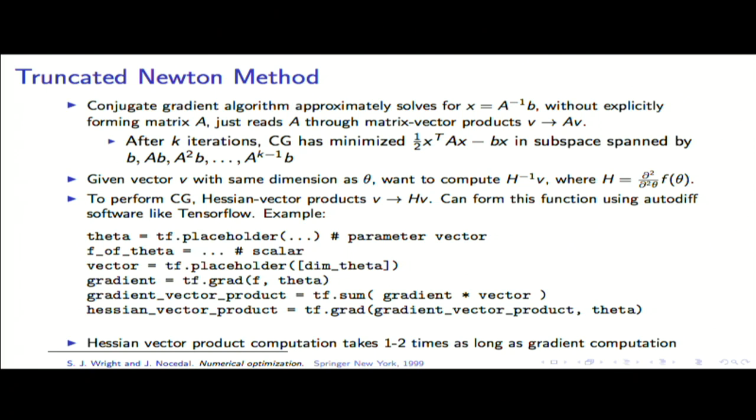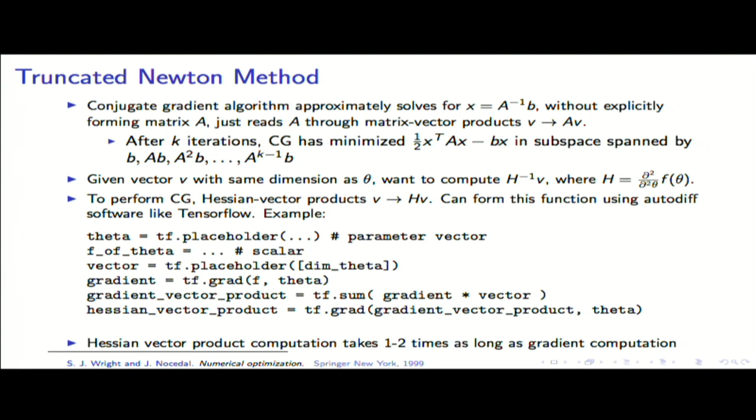We're going to come up with a series of these vectors. The conjugate gradient algorithm is going to generate a series of vectors and then ask for the Hessian vector product, or the matrix vector product. And then when you do this multiplication, this is element-wise multiplication? Yeah, I wanted to do the dot product. Yeah, this is just the dot product, gradient dot vector. Oh, I see. So then you do the dot product.